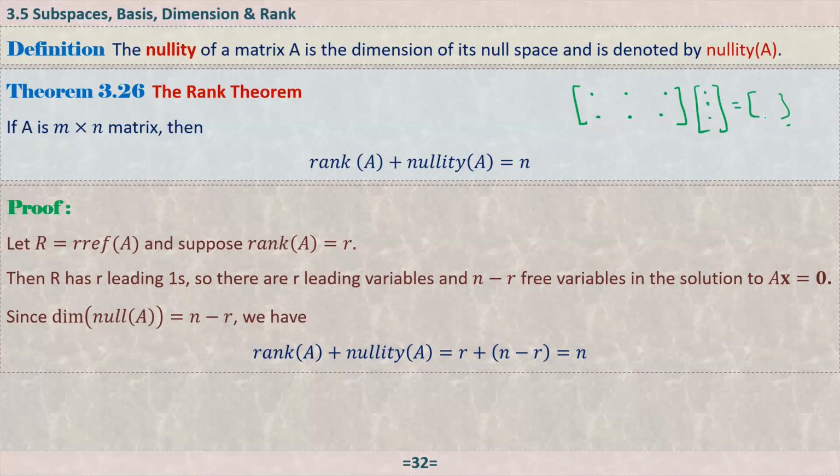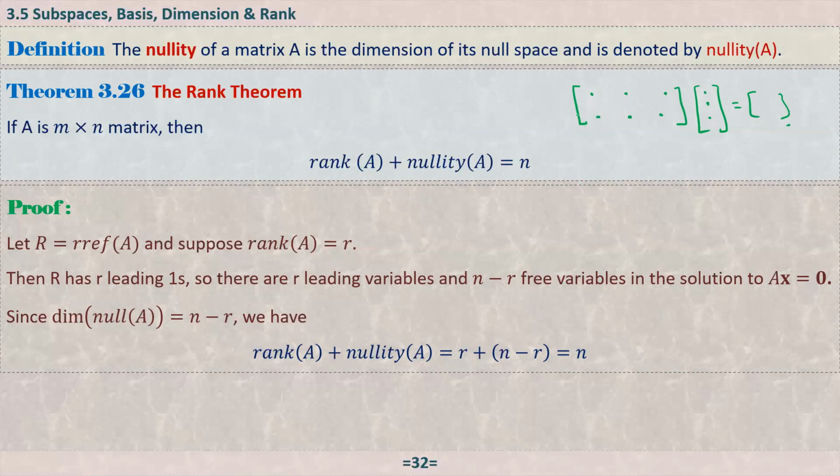So if A is an M by N matrix, then rank of A plus nullity of A is always equal to N, right? And we observe this in a lot of examples, because if you solve the system, here we have the variables, let's say x, y, z. The rank of A means the number of dependent variables, right?